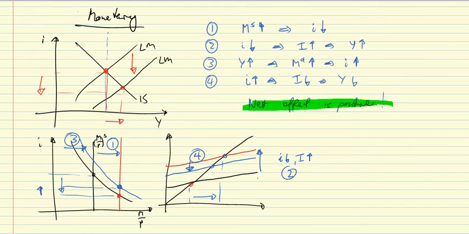Step 4, but the net effect from the initial equilibrium to the ultimate equilibrium will be positive as long as the IS function is negatively sloped.